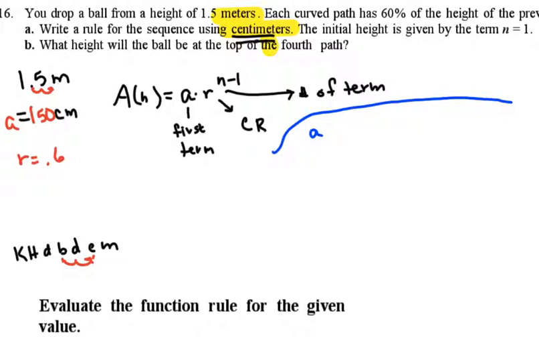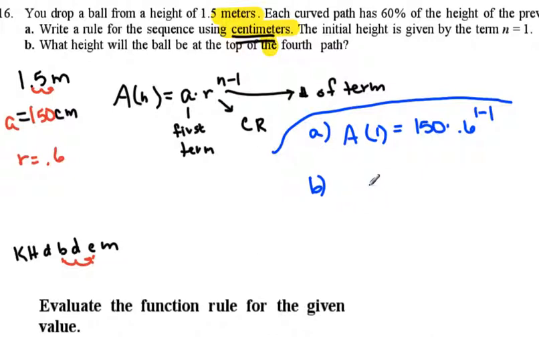All right, so that would give us a sub 1 is equal to 150 times 0.6 raised to the 1 minus 1. There you go. Part B, what height will the ball be at the top of the 4th path?